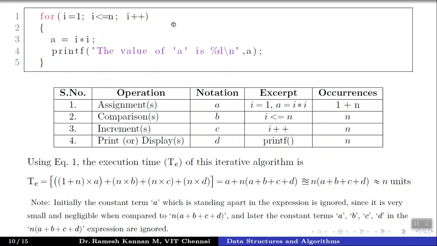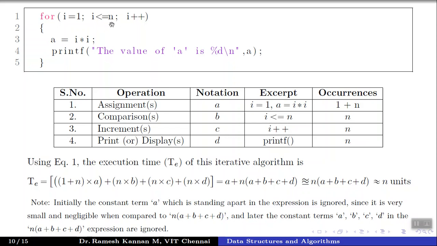Then we have an assignment operator here, A equals I into I. In the first iteration when I equals 1, it is 1 into 1, which is 1, so the value of A will become 1. In the next iteration it will become 2 into 2, which is 4, and so on till the final value.